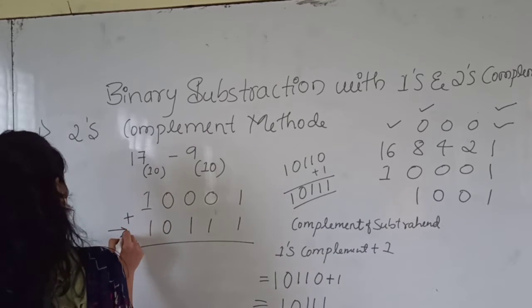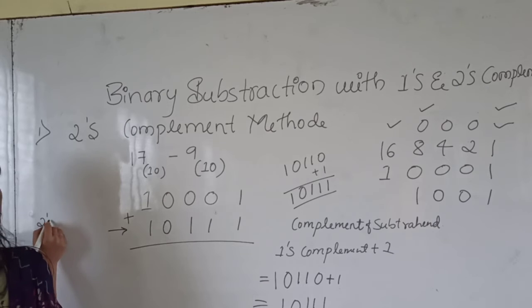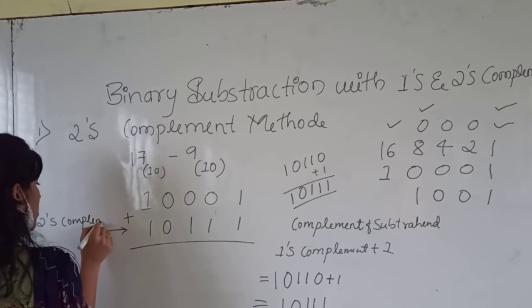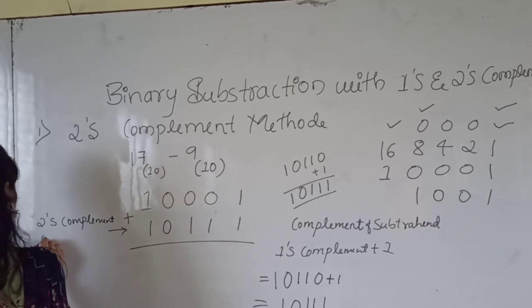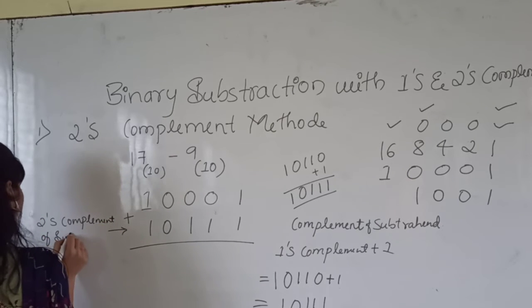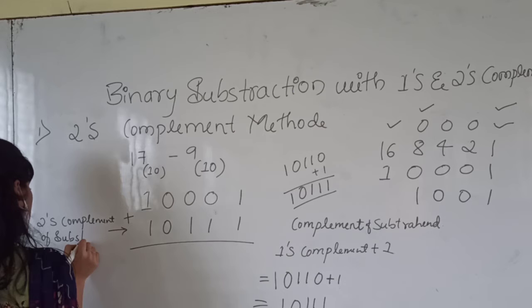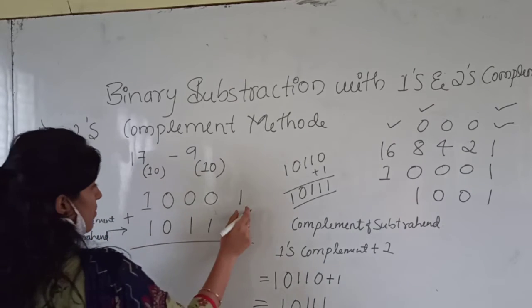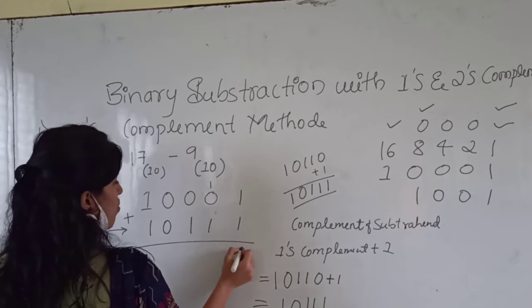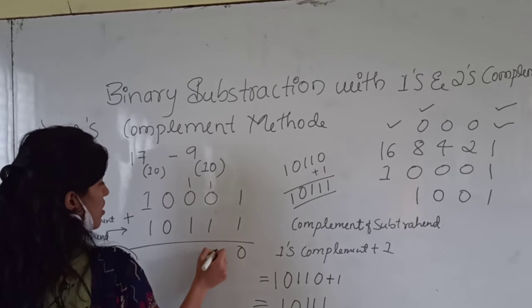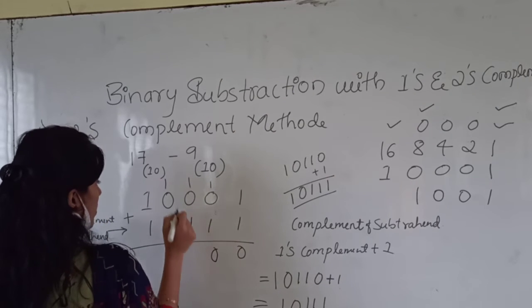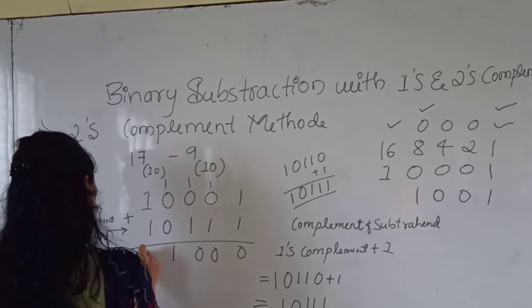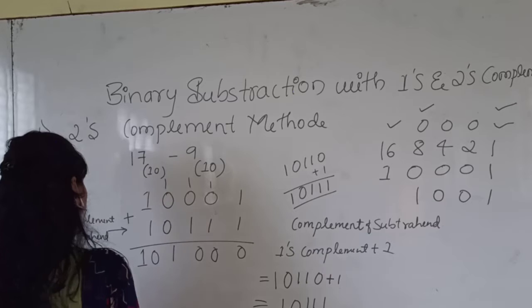It will be the 2's complement of the subtrahend. Adding them, here a carry will be generated.